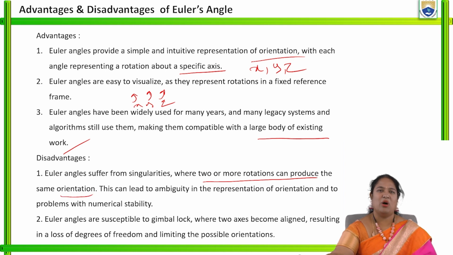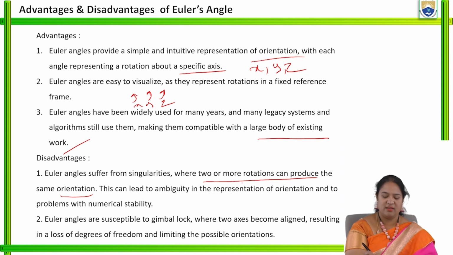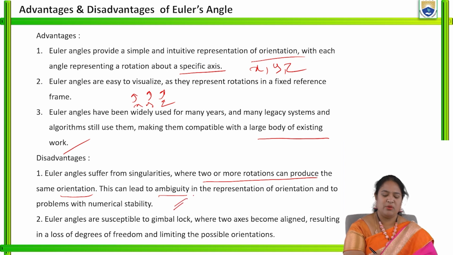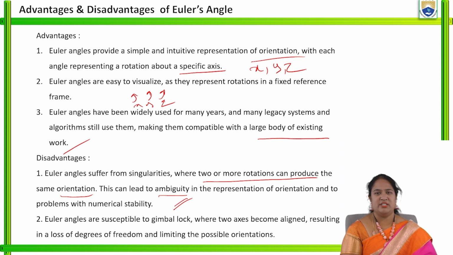That is one of the drawbacks of Euler angles, where this can lead to ambiguity in the representation of the orientation and to problems with numerical stability. That is, we will not get an exact value when Euler angles are used for two or more rotation procedures.